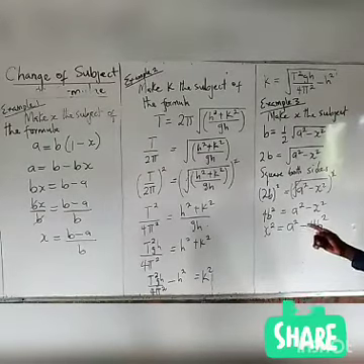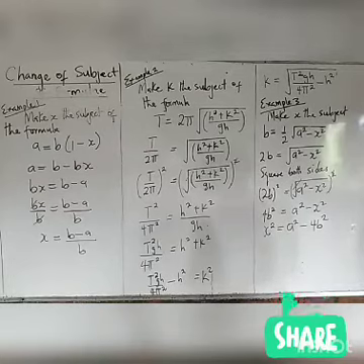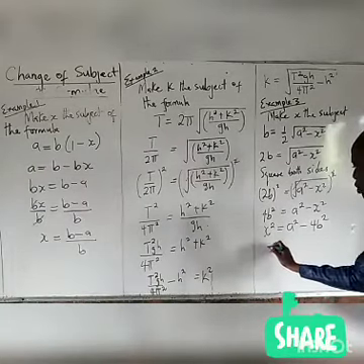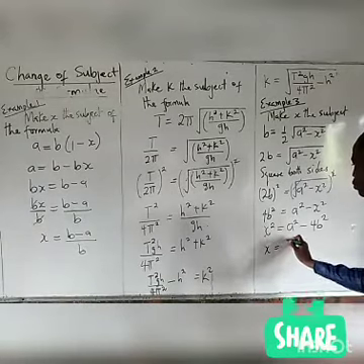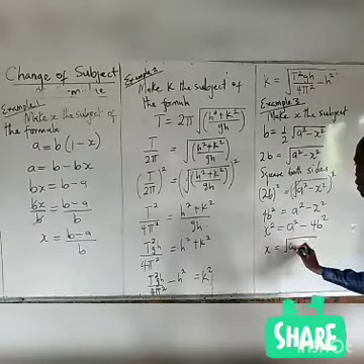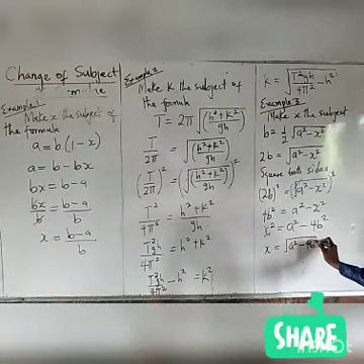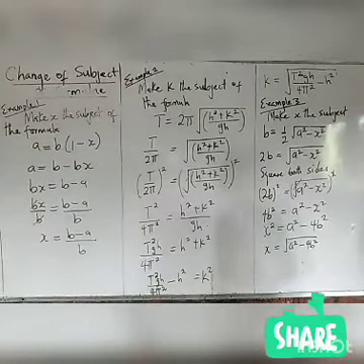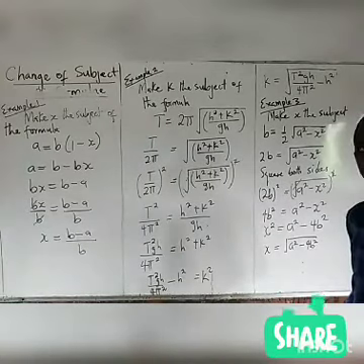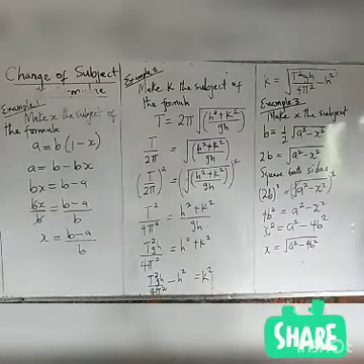Because of the square that you are seeing there, we are going to be taking the square root of both sides. If you take square root of both sides, you have x equals square root of a squared minus 4b squared. So this is how you make x the subject of the formula.